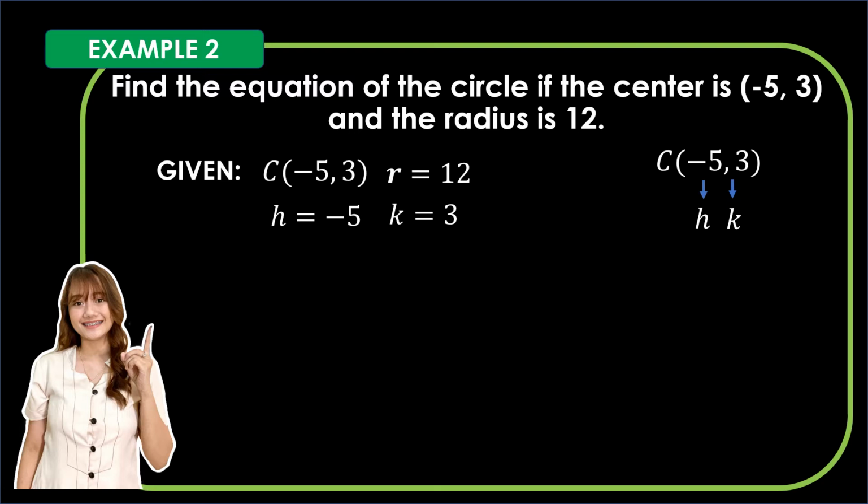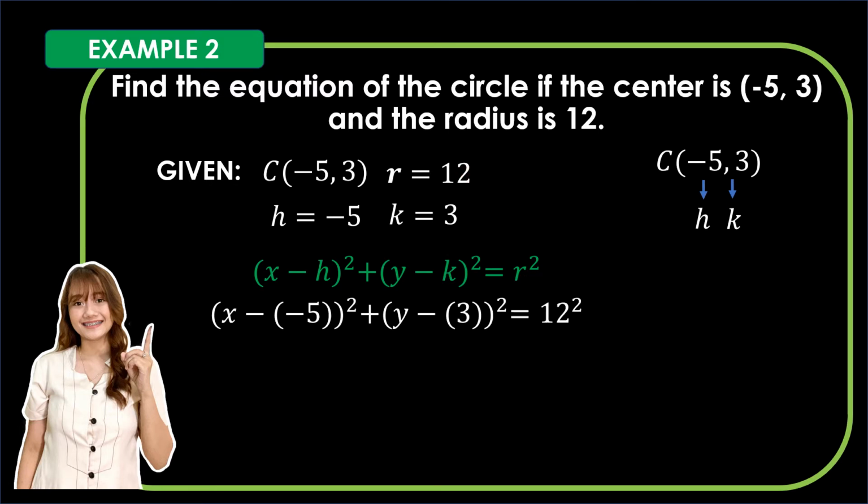From the standard equation of the circle, we have the quantity x minus h squared plus the quantity y minus k squared equals r squared. We substitute the value of h, the value of k, and the value of r in our equation.